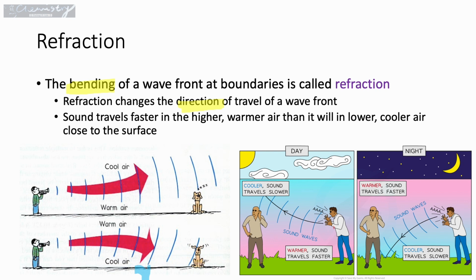At night, the ground cools faster because it's solid, and the air cools slower. So in this case, the sound is going to bend down because on the top it is faster and on the bottom it is slower. And this is why the music you play at night is generally louder, just because it is bending towards the ground instead of going up in the air.